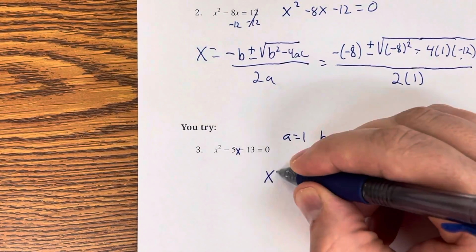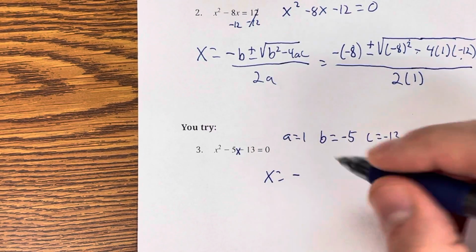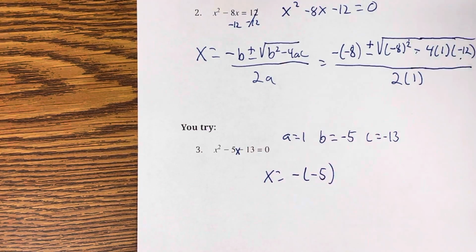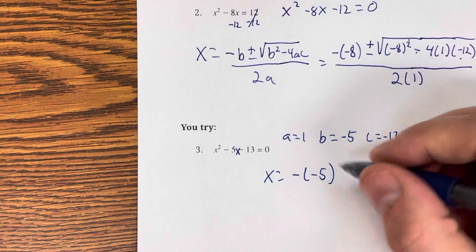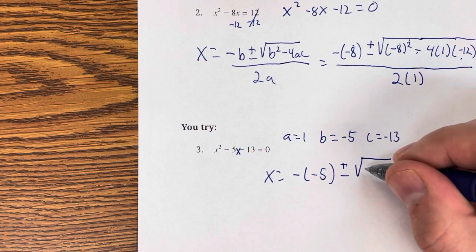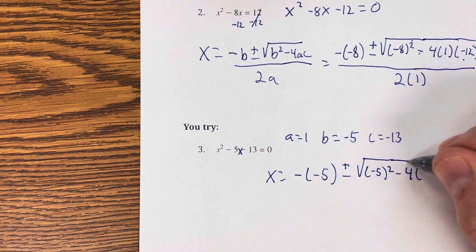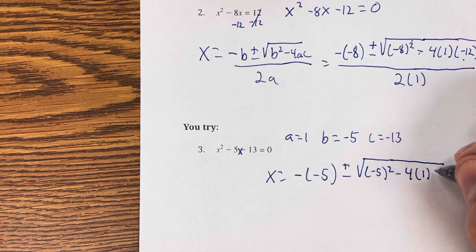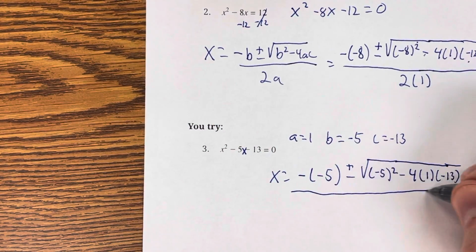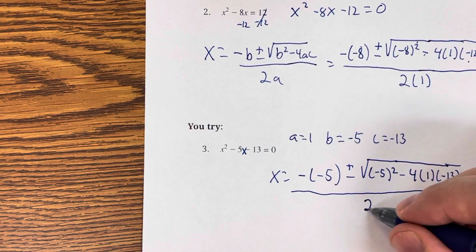So x is equal to negative, parentheses, negative 5. I didn't write it this time. I'm looking at it right there. Plus or minus the square root of negative 5 squared minus 4 times a, which is 1, times c, which is negative 13. All divided by 2 times 1.